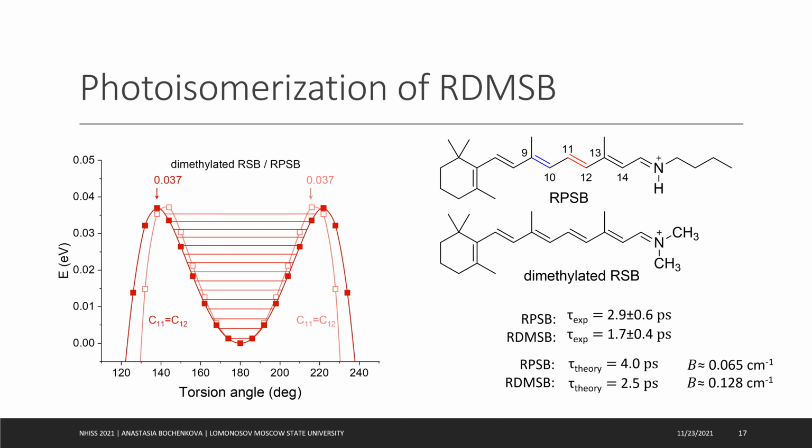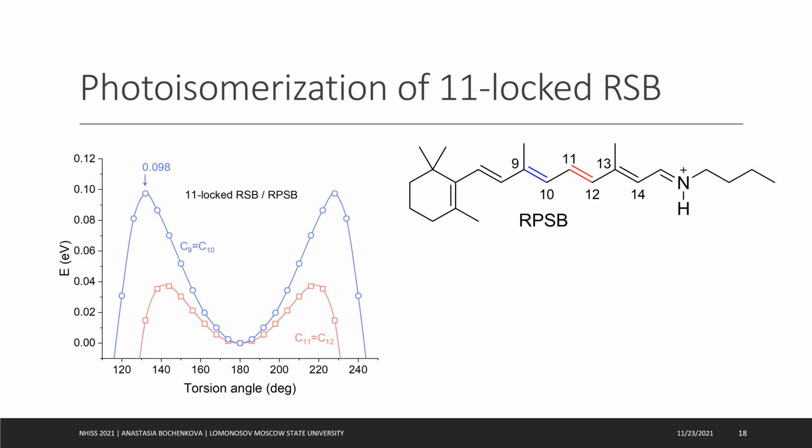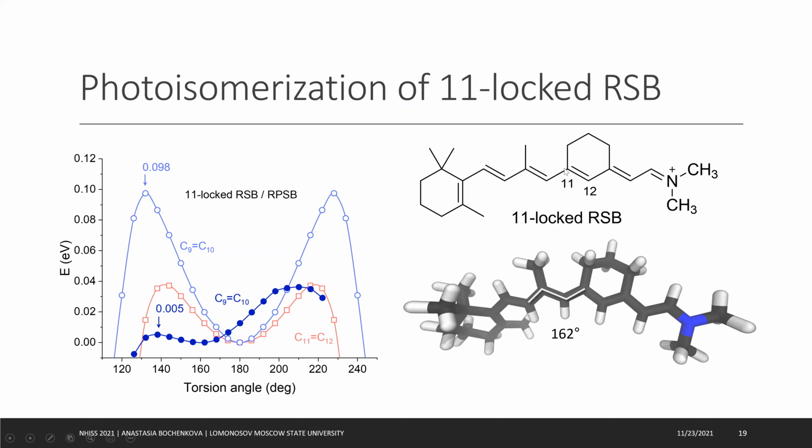But then let's move to a more interesting example where we lock our C11, C12 double bond. And unexpectedly, we see that the potential that hinders intramolecular rotation now about the other bond, which is the C9, C10, which is depicted here, is very different from what we expected beforehand. We expected something like this blue line that was observed in the normal retinol, with quite a large barrier that hinders intramolecular rotation.